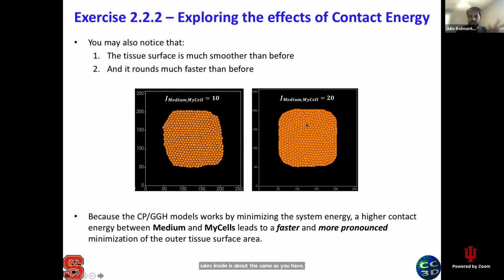That energy term affects the interaction between the cells and the medium, but has no effect on what's happening in the bulk of the tissue, the interaction among the cells. The cells inside the big tissue don't know that there exists an external medium, and the shape of the cells internally here is exactly the same as the cells internally here.